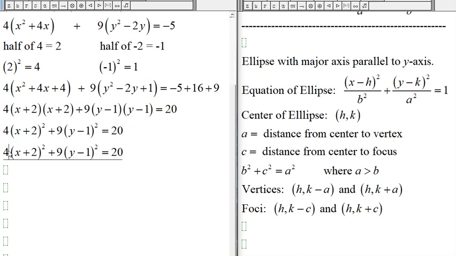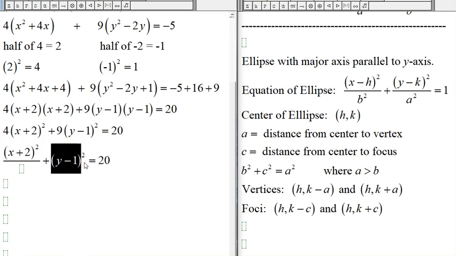And so what we can do is this. Now, actually, before we do that, we must make this side a 1. So let's go ahead and divide everything by 20 first, before we get rid of these numbers.